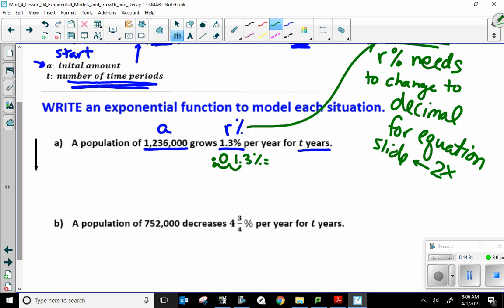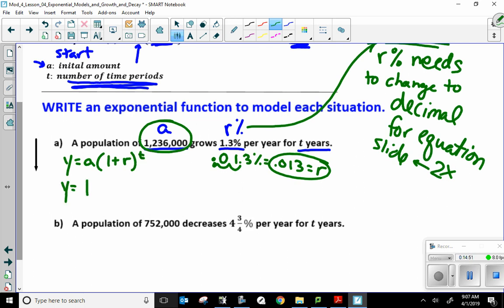So my rate is really 0.013. This is my r. This is my a. Let's write our equation. If y equals a times 1 plus your rate to the t, y would equal 1,236,000 times 1 plus 0.013 to the t.